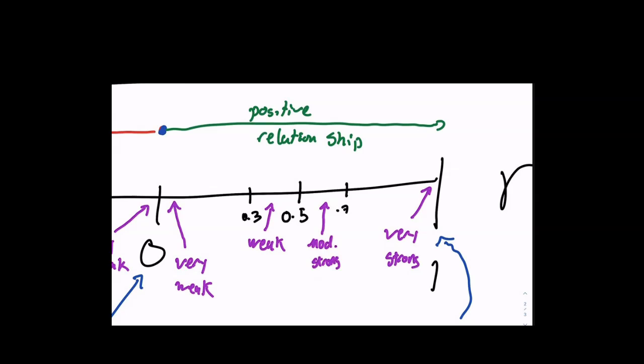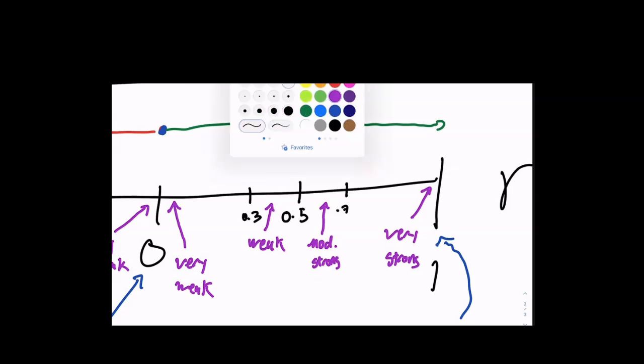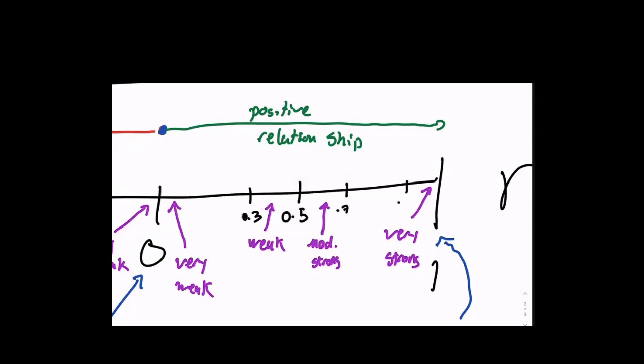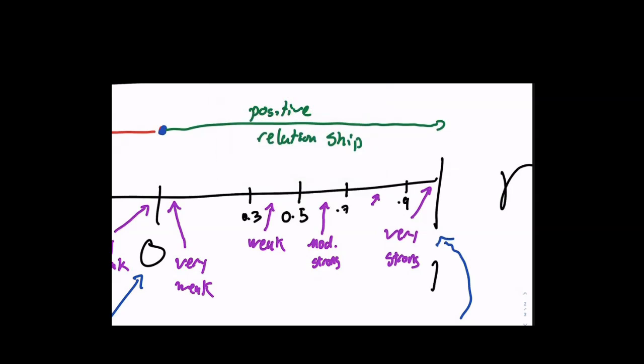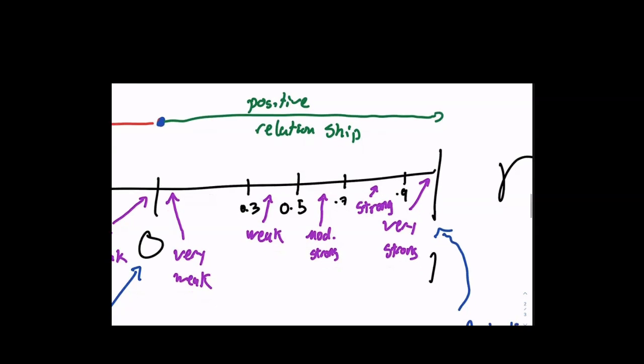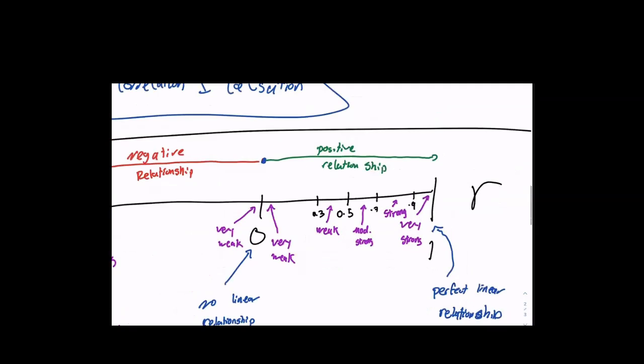I like to say moderately strong, but moderate. And if R lands between 0.7 and 0.9, we say, there we go. That's where the strong is. Okay. So it's a progressive system of going from very weak to very strong.